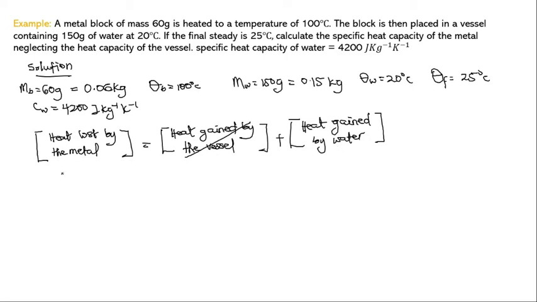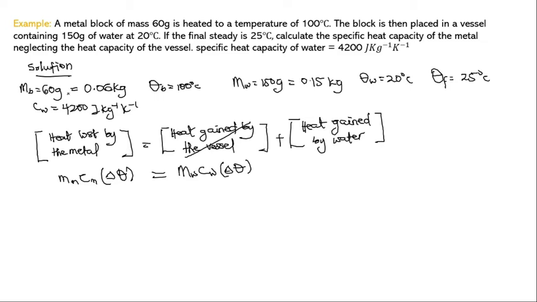Now we know heat, which is Q, is the product of mass of metal, specific heat capacity of metal multiplied by the change in temperature of the metal, which should be equal to the heat gained by the water: the mass of water, the specific heat capacity of water, and the change in temperature of water.